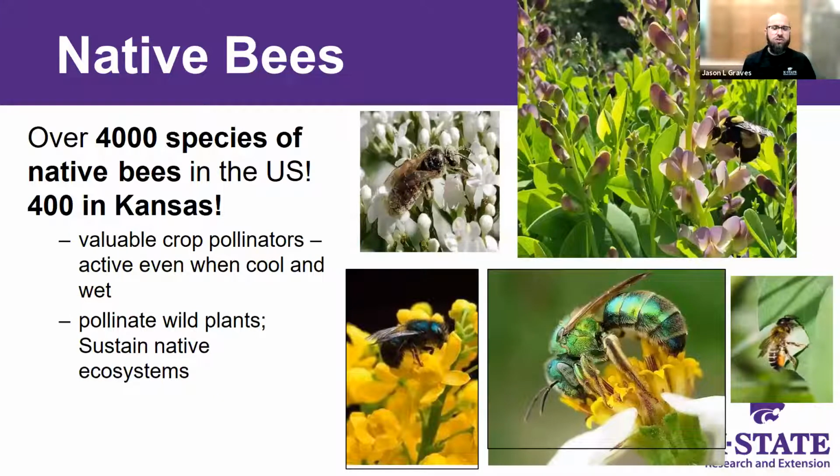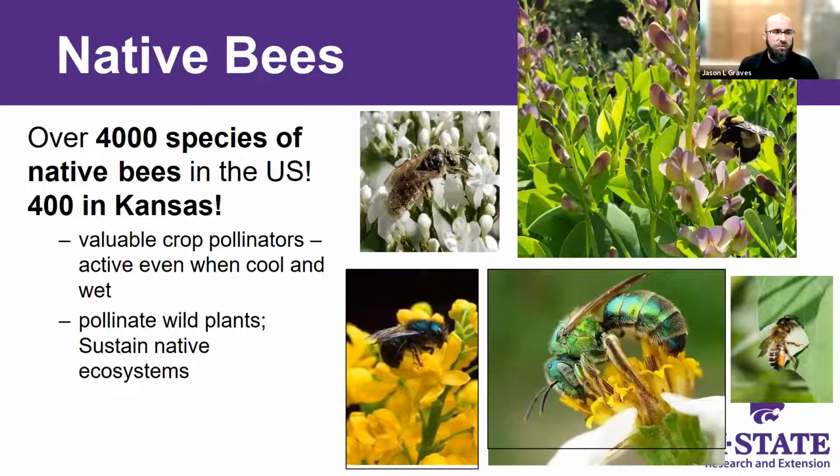As far as our native bees, which is where I want to spend a little more time here today with you, there are over 4,000 species of native bees in the United States. I think that's sometimes a fascinating statistic that folks realize as they get into learning about pollinators. But in Kansas, our best estimate is that we have maybe about 400 species.